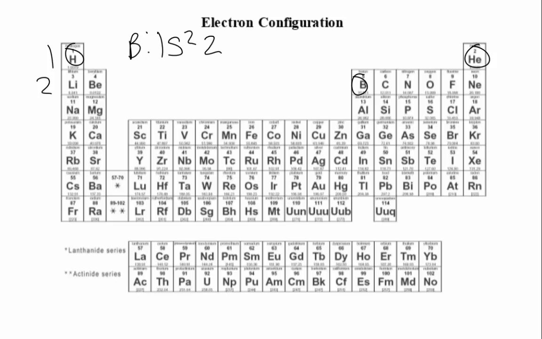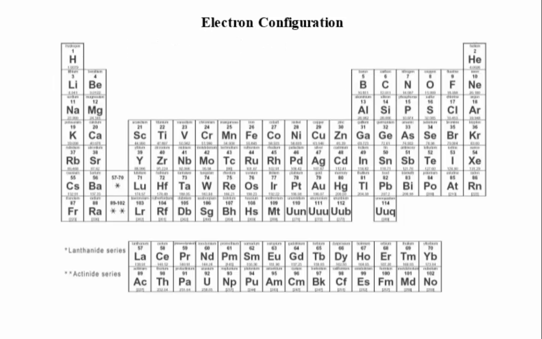Then we have 2s2. That takes care of these 2 electrons. We are still in n equals 2, but now remember that this box here represents the p subshell. So now we are in 2p, and we are in the first electron state of the p subshell. That would be the electron configuration of boron.